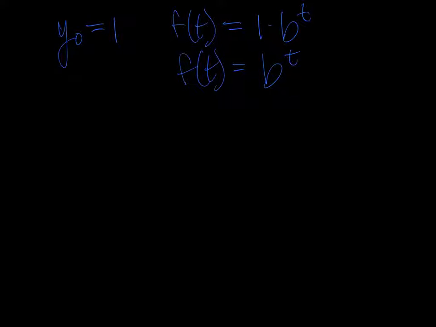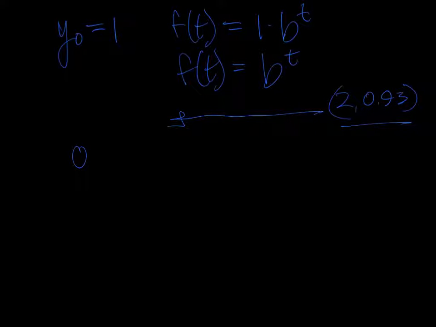Now we need to go back and grab one of those other points. What was one of the other ones? 2 comma 0.9, I want to say it was 3. Might have been 8. Let's go back and look. And so that's a second point. We can take the second point and substitute it in. So f of t is 0.93 when t is equal to 2.